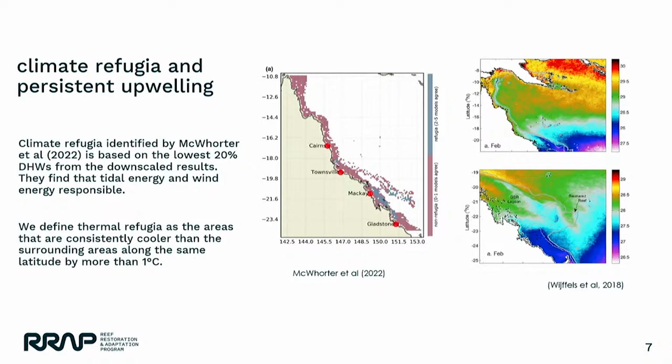They defined the thermal refugia as the lowest 20% of the degree heating weeks in their downscaled results. In our study, we defined the refugia as the areas that are constantly cooler than the surrounding areas along the same latitude by more than 1 degree.